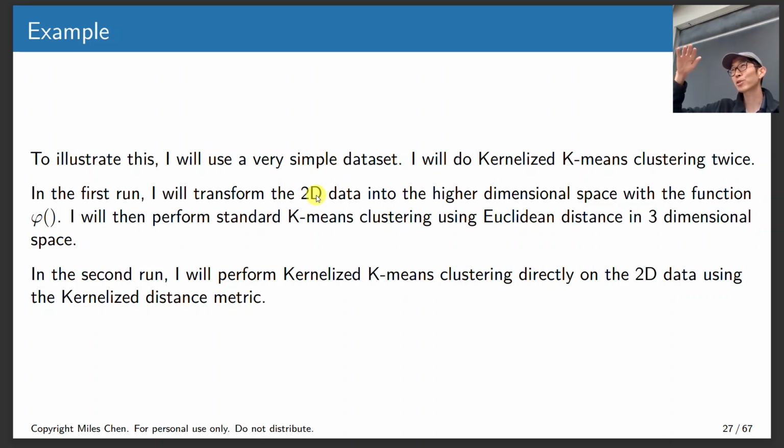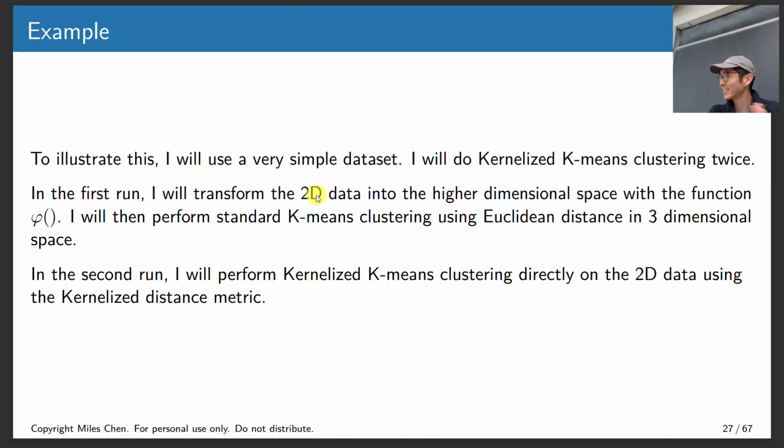Then we will do k-means clustering in 3 dimensions, and you'll see the resulting clusters. And then I will do it again, but this time I'll leave everything in 2D, and we'll just use the formula that says, what is the distance to the centroids using our kernel function, but we're not actually going to calculate the centroids.